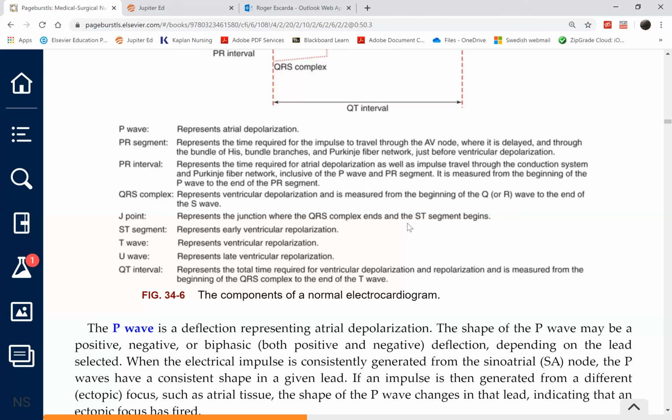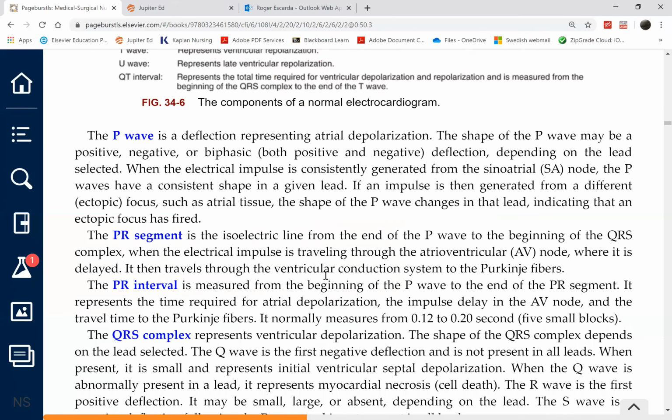There are only 3 measurements that you will need to remember because not all of them have the numbers in your textbook. So we know the P wave. What is the P wave? Atrial depolarization. Okay, very good. Or that is atrial contraction.